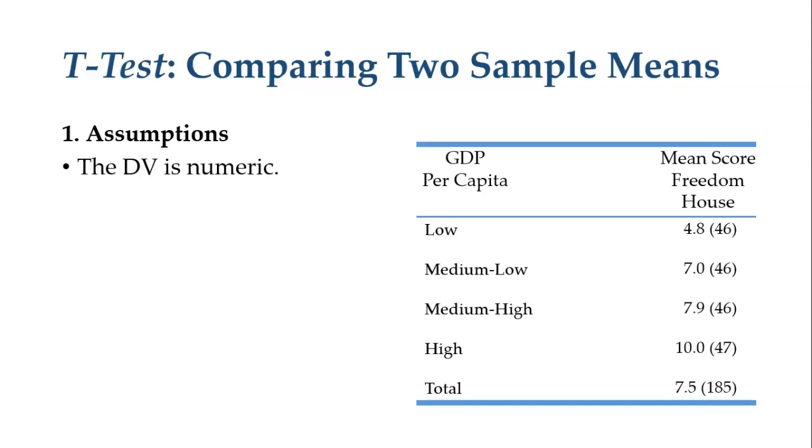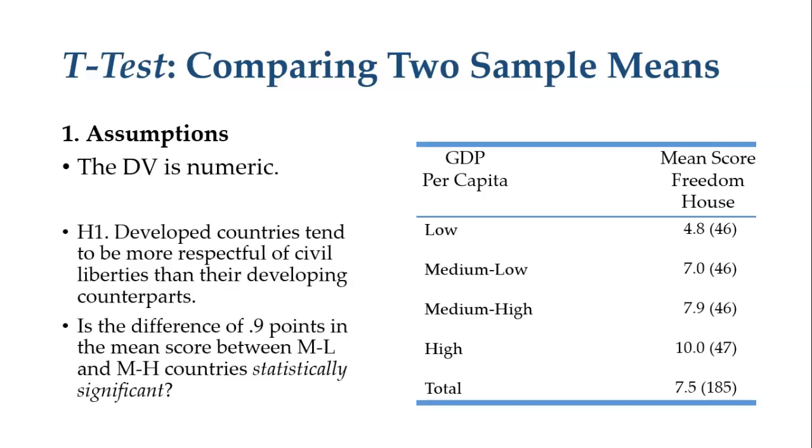Okay, look at this example. We have here the GDP per capita, and we group all the countries of the world by different levels of GDP. That's our independent variable. So we have from low to high levels, and we have as dependent variable the mean Freedom House score. Our hypothesis is that developed countries tend to be more respectful of civil liberties than their developing counterparts.